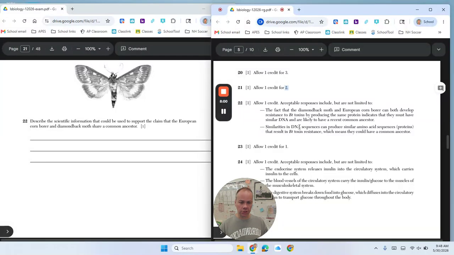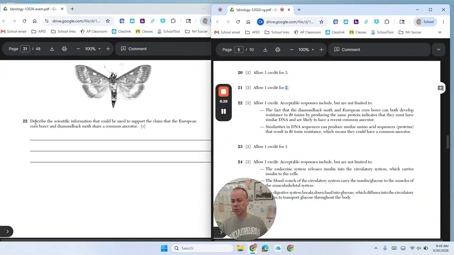Or a simpler answer: similar DNA sequences can produce similar amino acid sequences that result in resistance, meaning they both produce the same protein, which means they both likely have similar DNA, and that could be a result of them having a common ancestor. And so that would be good information to support that claim. So you want to say something about them both producing the same protein, indicating they have similar DNA, which means they're more likely to have a common ancestor.